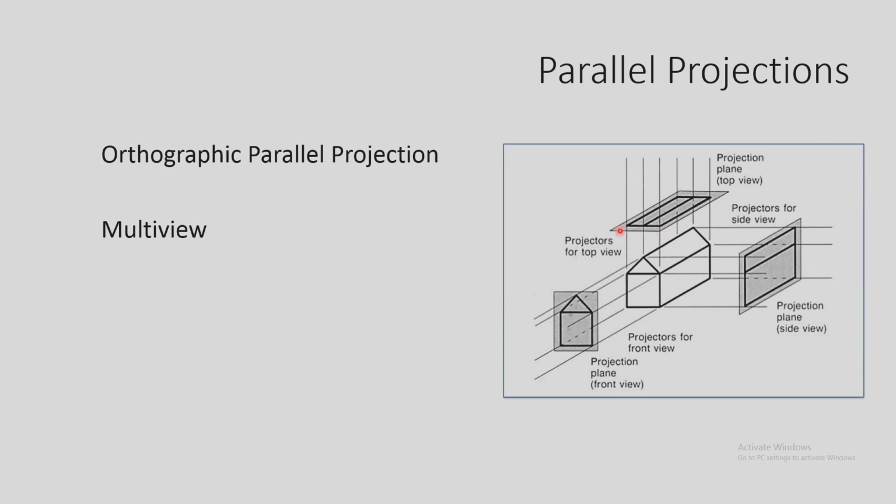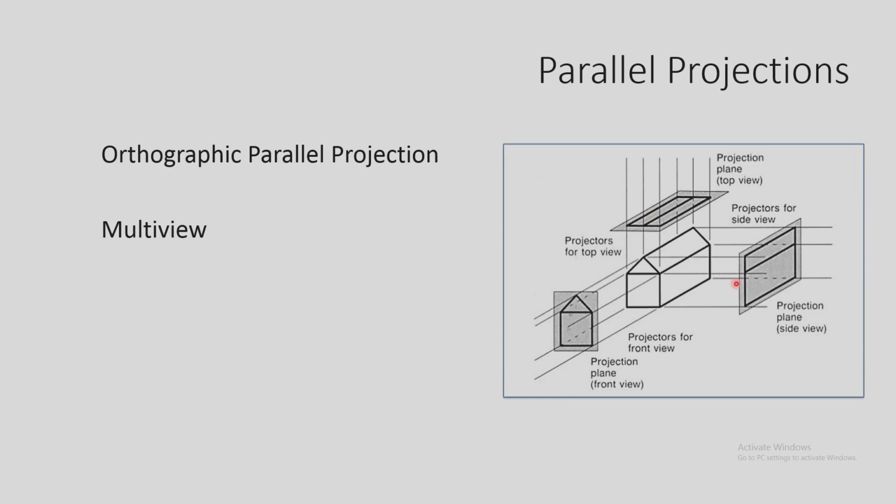A few more examples of orthographic projections. If you fix this as the view plane, the direction of projection which is perpendicular to this plane will give you this projection. Similarly, if the view plane is placed here, you get this projection, and similarly you get this projection if you have the projection plane in this direction.